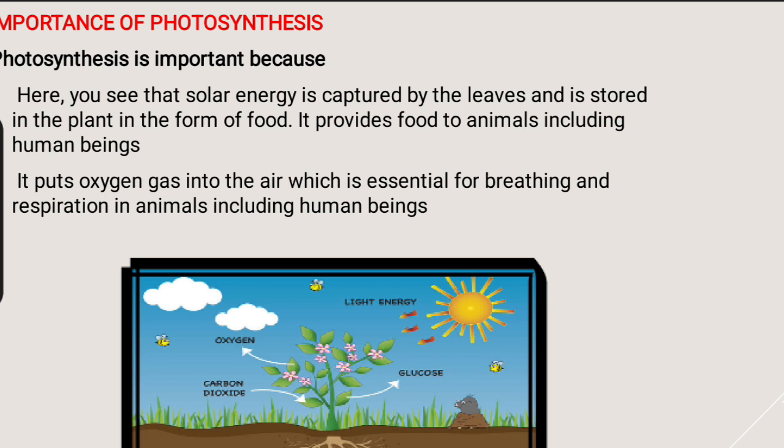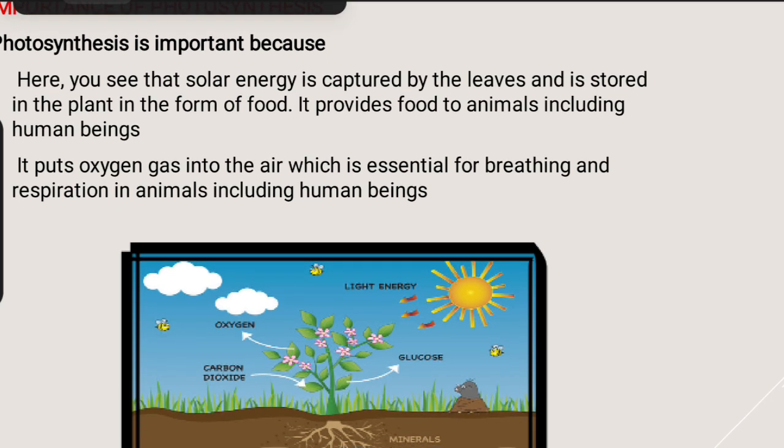In this process, solar energy is captured by the leaves and stored in the plant in the form of food. It provides food to animals including human beings.